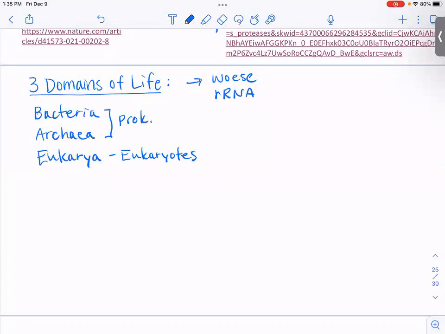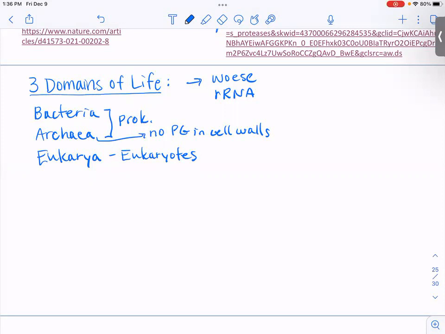The main thing we talked about is that the archaea do not have peptidoglycan, PG, in their cell walls. That's a really distinct thing about bacteria. If they have a cell wall, which most of them do, they have peptidoglycan. Gram positives have lots more peptidoglycan in their cell wall than gram negatives, but they both have it.